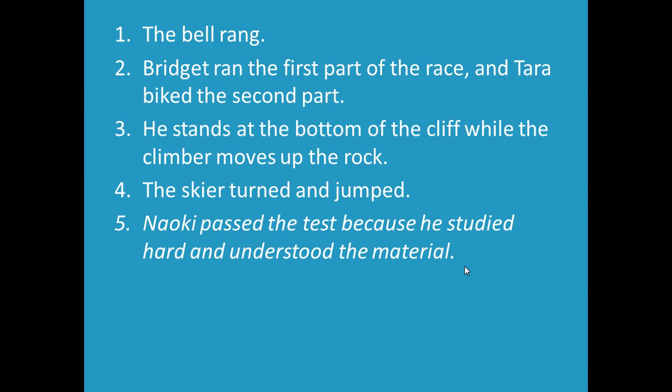At least one independent clause and one dependent clause. Here it says he stands at the bottom of the cliff. Then you have a subordinating conjunction, which is while the climber moves up the rock. So you have he stands at the bottom of the cliff, independent, and the climber moves up the rock, dependent.